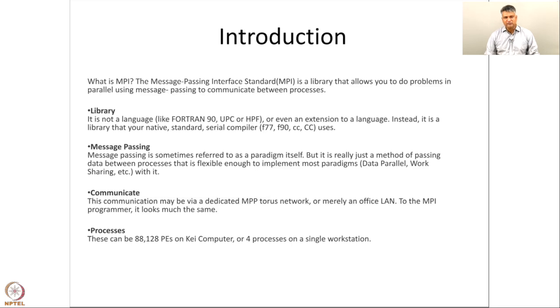Unlike OpenMP, which is a directive-based language that required compiler support, MPI is a library. So it essentially provides extra functionality which can be exploited by a regular standard serial compiler. It supports several standard programming languages like Fortran 90, UPC, C, and so on.